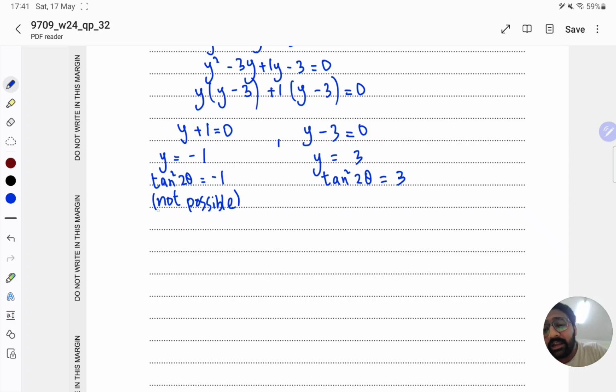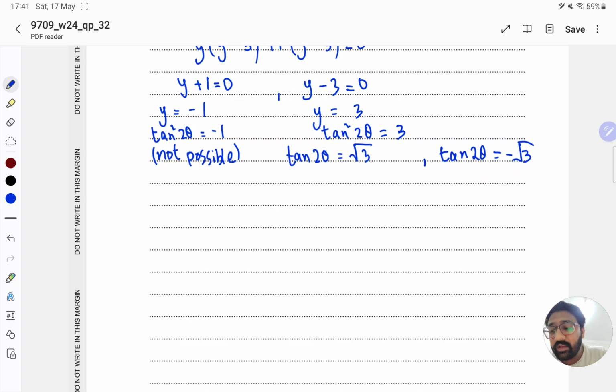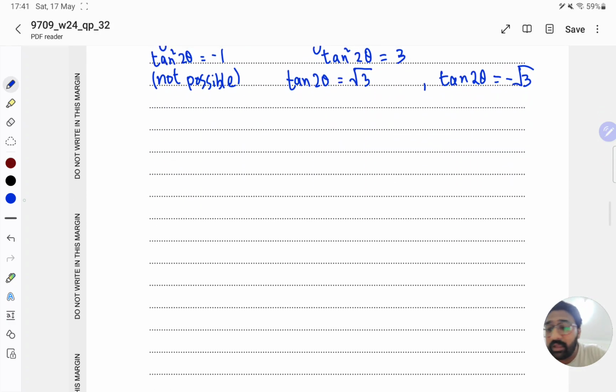For the right hand side I'll simplify and it is going to give me 2 answers if I take the square root. It will be tan 2 theta equals square root of 3 and tan 2 theta equals negative square root of 3. Now I have to make the basic angle first.